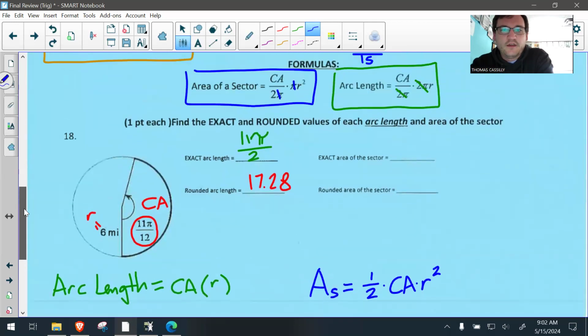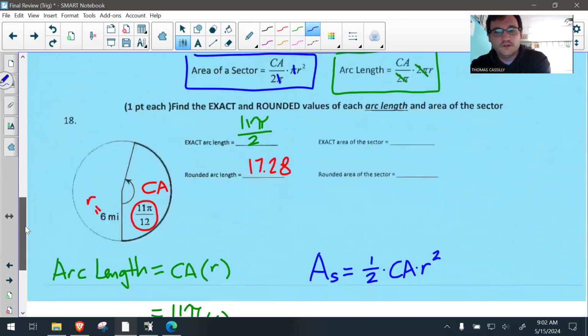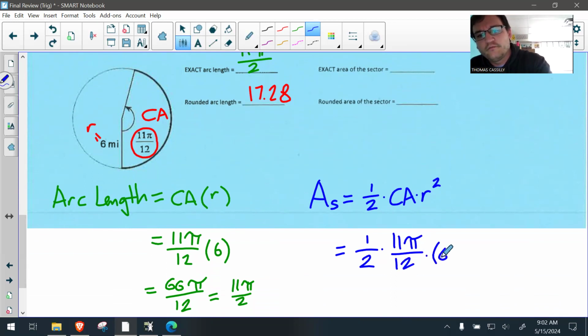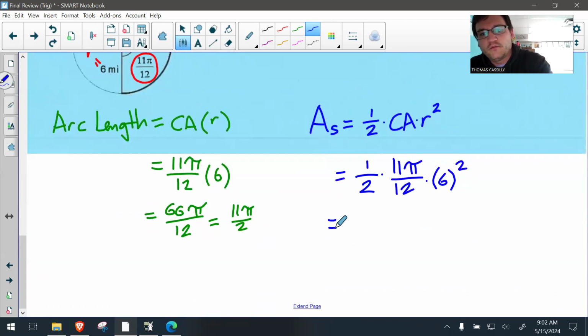That is the same thing as the central angle over 2. So plugging everything in here, you've got 1/2 times 11 pi over 12, sorry, times 6 squared. That's going to give us 11 pi over 24 times 36. I don't have a clue what that is.